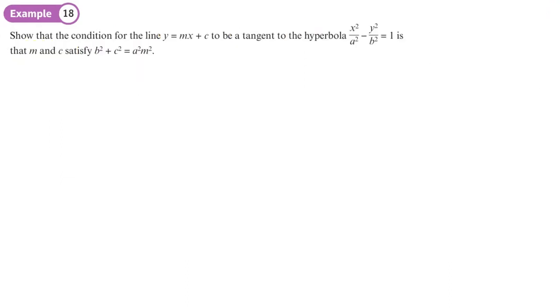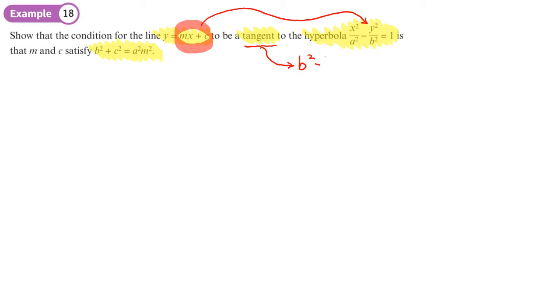Okay, so we want to show that the condition for the line y equals mx plus c to be a tangent to the hyperbola with this equation, that m and c must satisfy this equation here. So that means putting this into here, and if it's going to be a tangent, that means when we put the two together and we get a quadratic, we want to check that the discriminant equals 0, which means one solution.